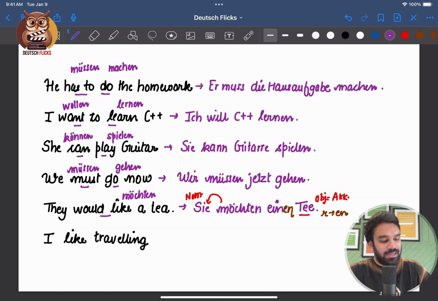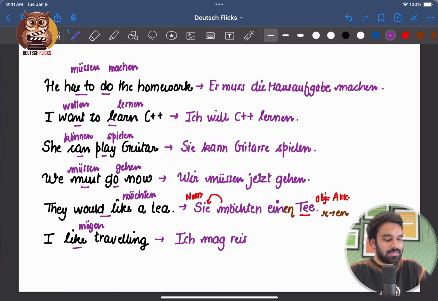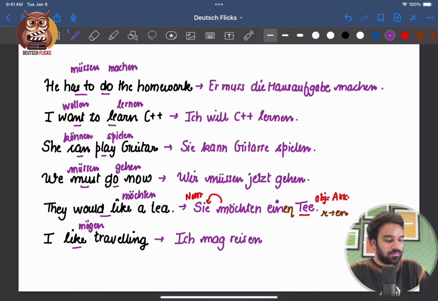Then we have I like traveling. So ich, and here we have to use the verb mögen. I'll conjugate it according to ich. Ich mag. Now traveling, to travel, this verb is called reisen. Ich mag reisen. Okay, so if someone is asking you for your hobbies, right?